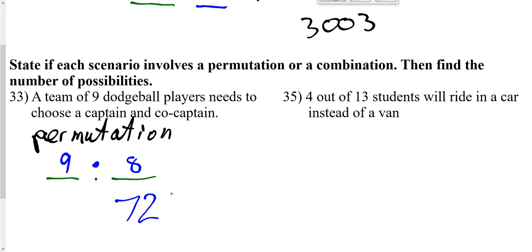So pretty much when you're dealing with permutation, your fundamental counting principle, you could just use it that way. Now, looking at 35, we're looking for 4 students out of 13 to ride in a car instead of a van. Well, the order in which you select them to get into the car doesn't make a difference, so this is a combination situation.